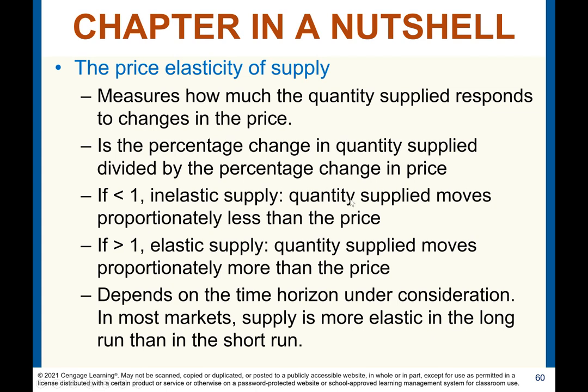That means quantity supplied moves proportionately less than the price. If elasticity is greater than 1, supply is elastic. Quantity supplied moves proportionately more than the price. It also depends on the time horizon under consideration. In most markets, supply is more elastic in the long run than in the short run.